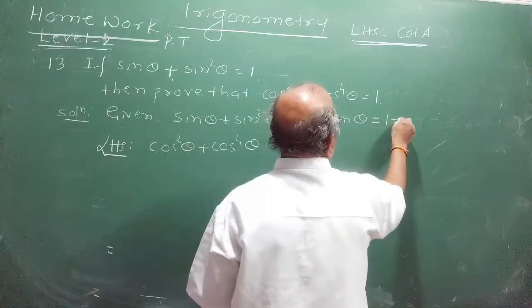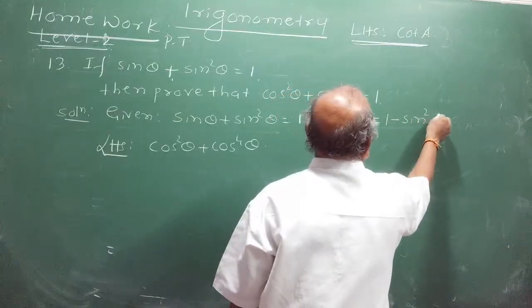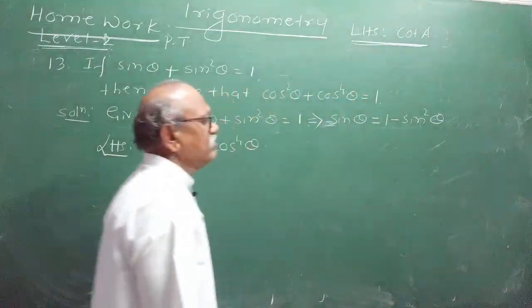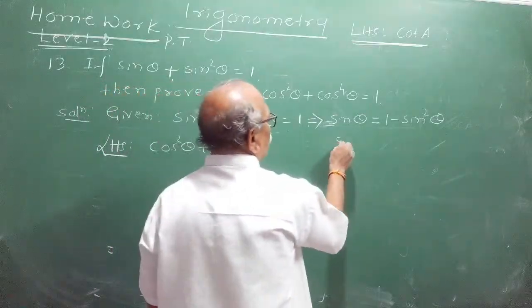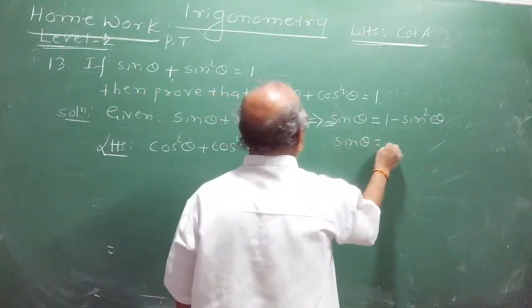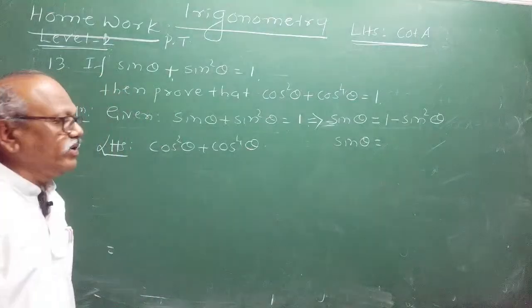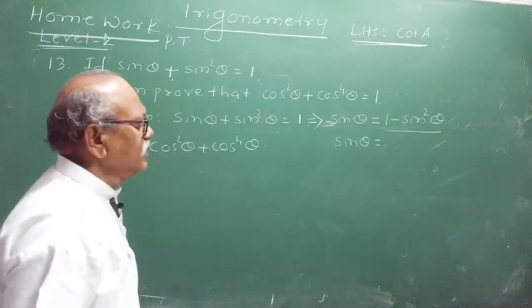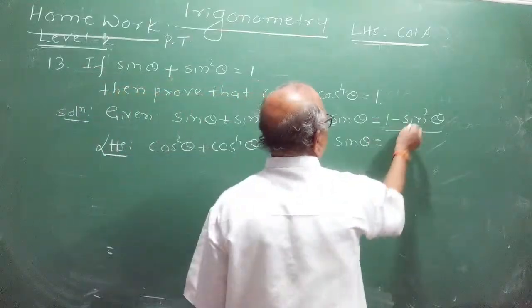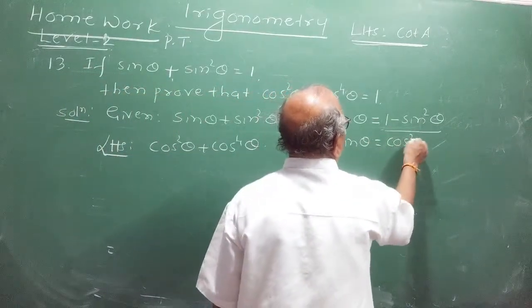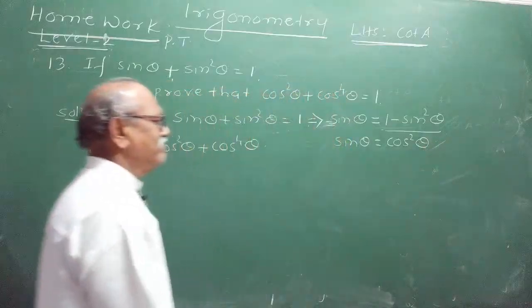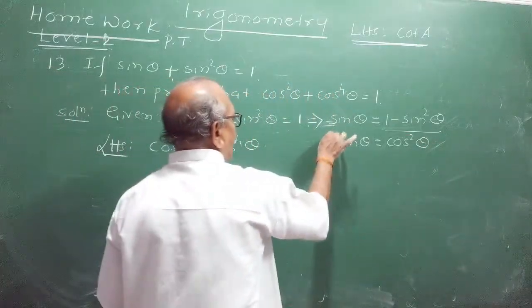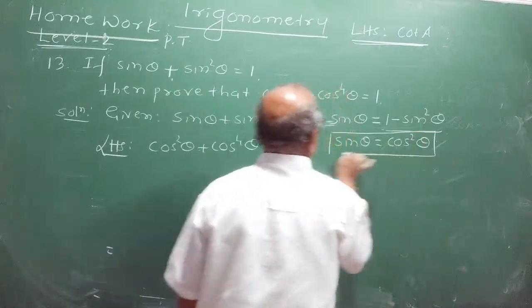This is a very simple and tricky question. What is 1 minus sin square theta? It is cos square theta. This particular identity is going to help you to solve this problem.